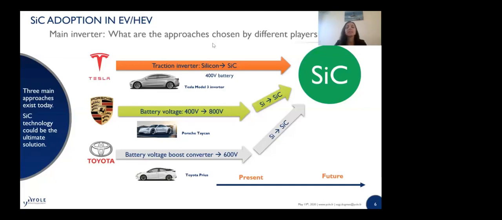And in the second example, we will see Toyota Prius, which is using 600-volt circuitry as a boost converter. We can say that these two high voltage platforms can be of a great opportunity for the 1200-volt silicon carbide adoption in the main inverter. And we believe that the adoption here will significantly accelerate the growth of silicon carbide in the EV/HEV market.